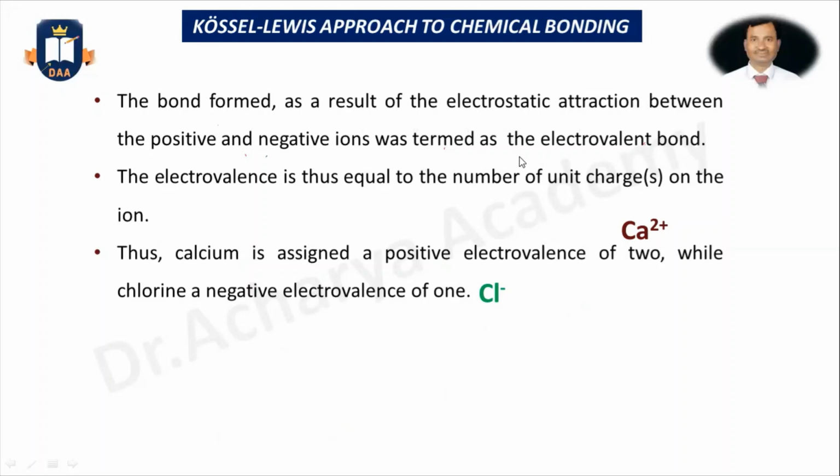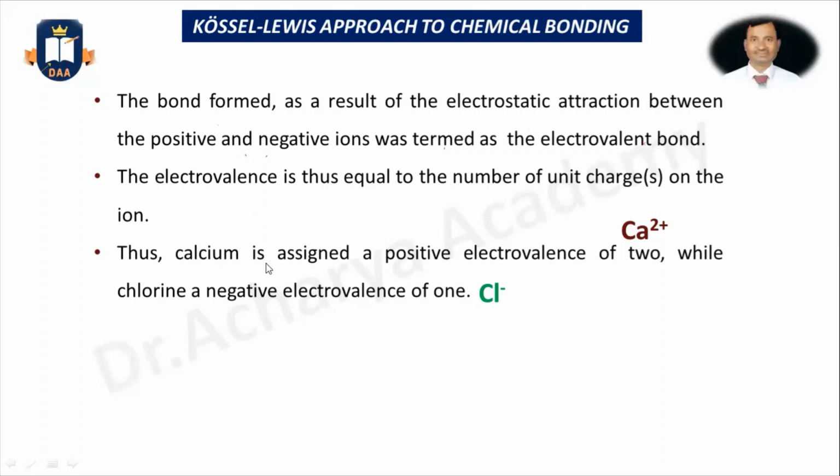That is one difference from the Lewis approach, because he specially mentioned this bond is an electrovalent bond, formed due to the electrostatic attraction between cations and anions. The electrovalence is thus equal to the number of unit charges on the ion.